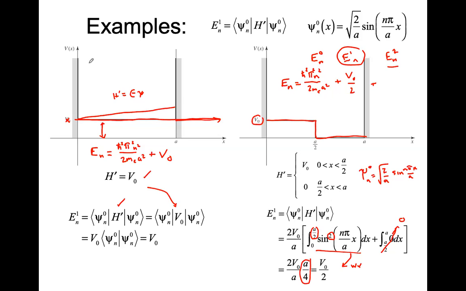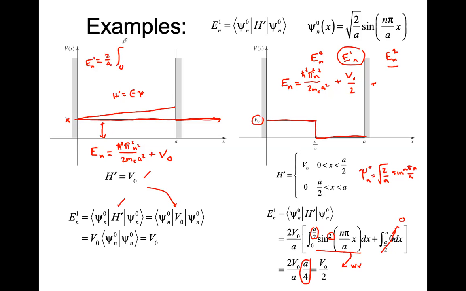So in that case, the first order correction to energy would be, let's see, you'd still have the 2 over a from the normalization constant. And then you'd have the integral. Here, the perturbation is over the entire range, so you don't have it being multi-valued like you had in this little step.